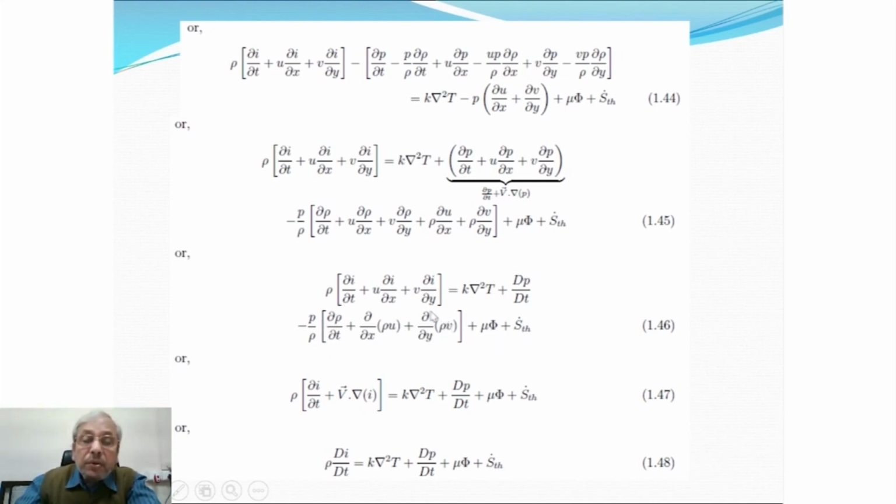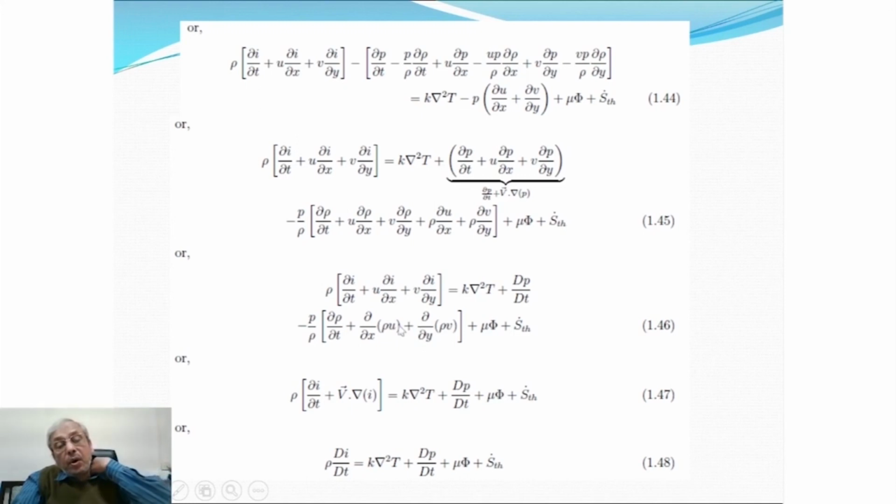Even though we have not invoked the continuity equation for incompressible flows and kept it fairly general, this is the general form of the continuity equation: del rho del T plus del del X of rho U plus del del Y of rho V. That means del rho del T plus V dot grad operated over rho, so this is the total derivative of rho.